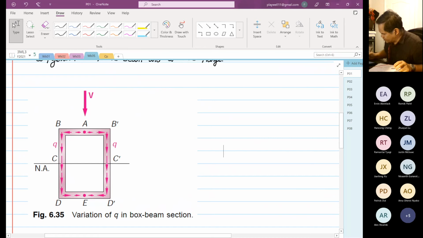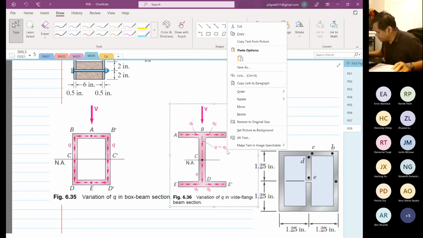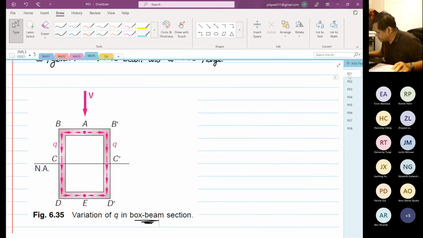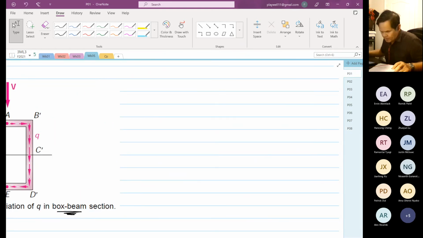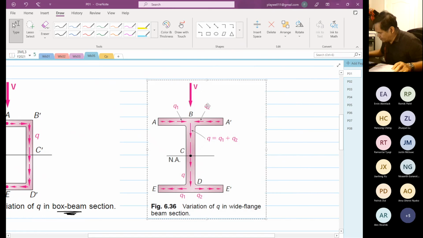As you can see down here, this is known as a box beam. And the second figure that I'm going to show you down here is known as the wide flange.